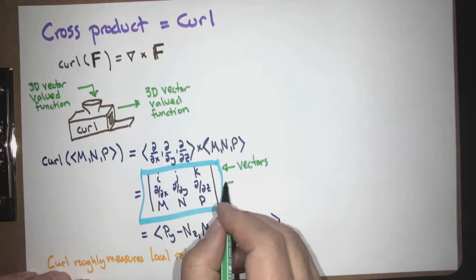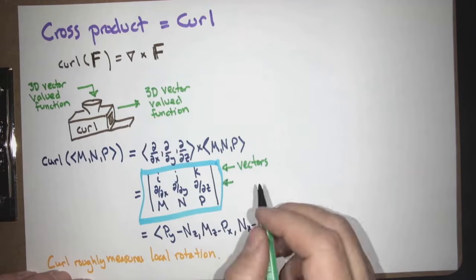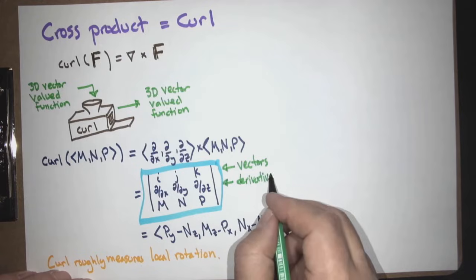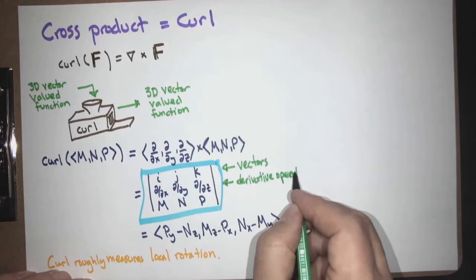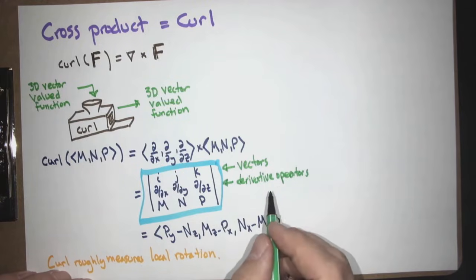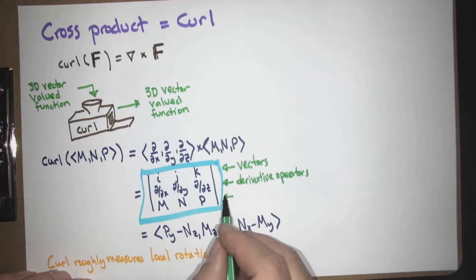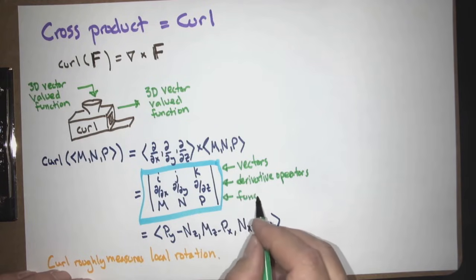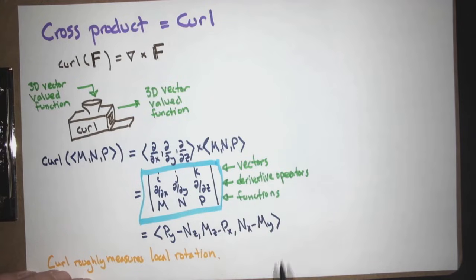What are the objects in the second row? Yeah, these are derivative operators. So they're not functions. They're things that do things to functions. What are the entries in the last row? Those are functions. So these are just like a weird mishmash of all these different types of things that all come together, and you're like, what? Can this have any possible meaning?